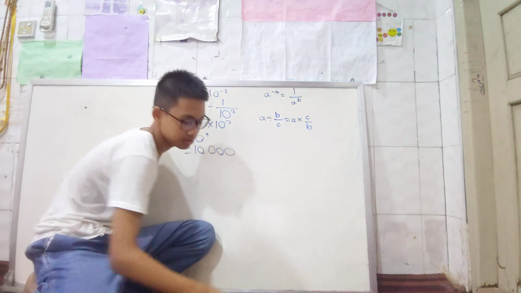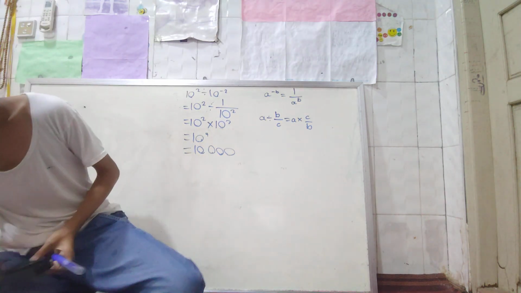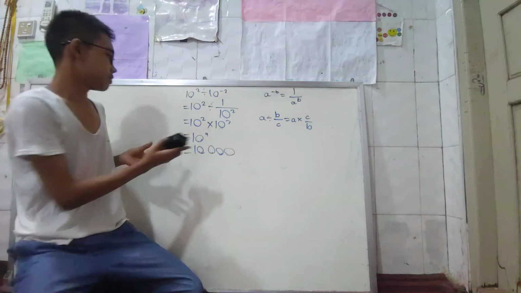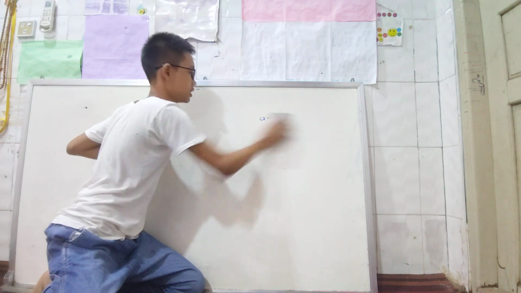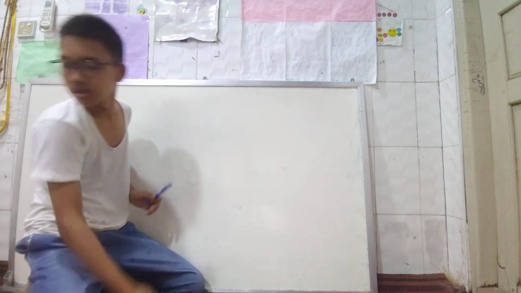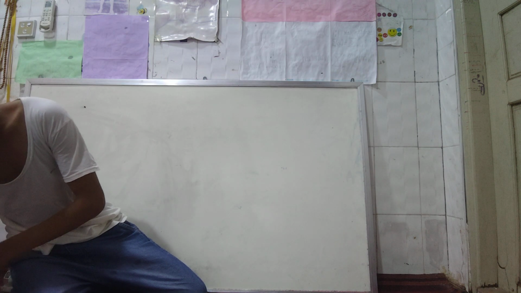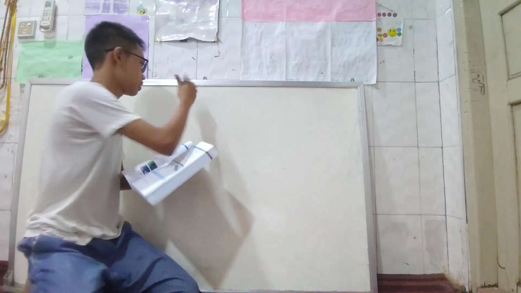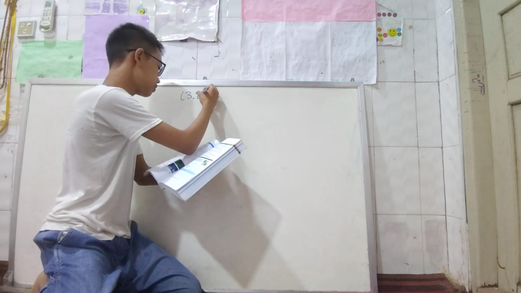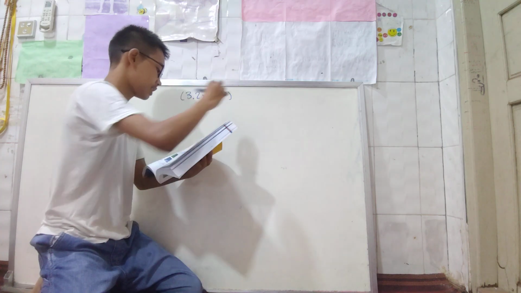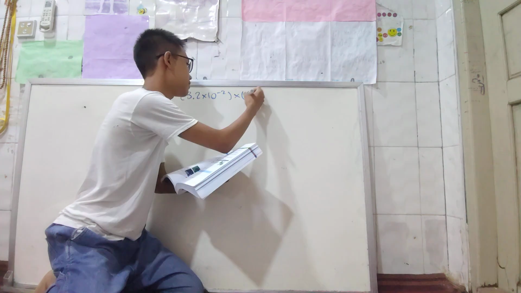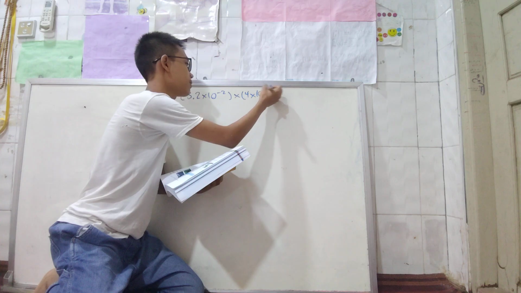The next question is 3.2 times 10 to the power of minus 2 multiplied by 4 times 10 to the power of 3.